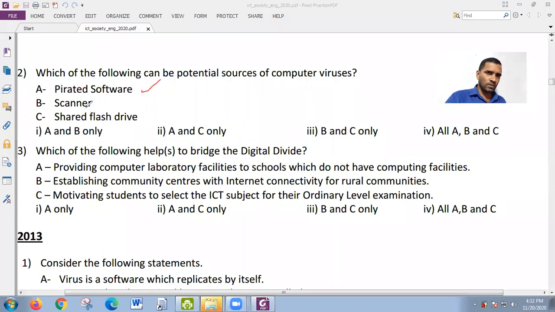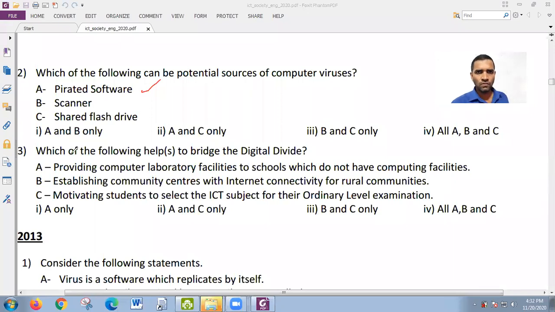Second, scanner. Here, I think the scanner is to be taken as a flatbed scanner. There may be so many scanners. Take it as a flatbed scanner. If it is scanner, mostly it means flatbed scanner. So a flatbed scanner is an electronic device. It never spreads any viruses.